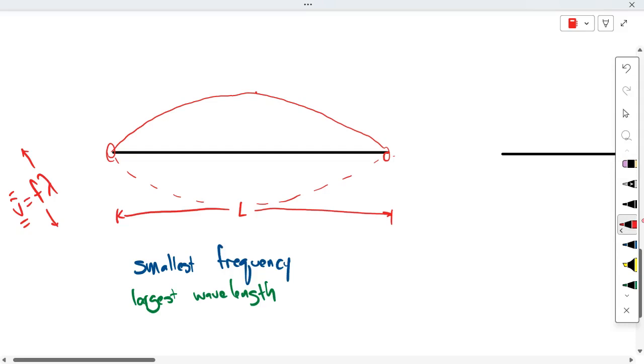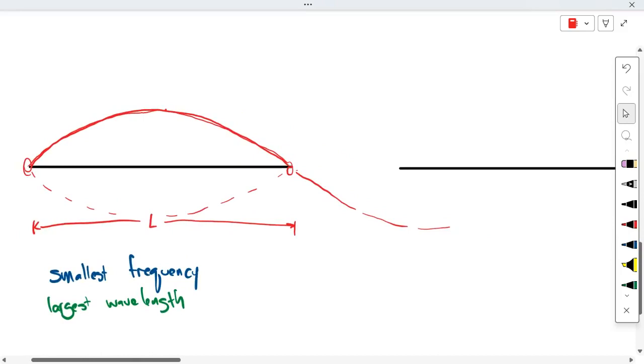Maybe it makes sense to you that what I'm seeing here is half of a wave, where the other half of the wave, if we were to have a string long enough, would look like that.